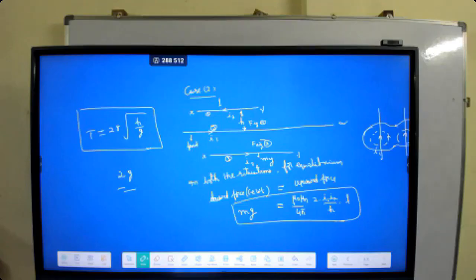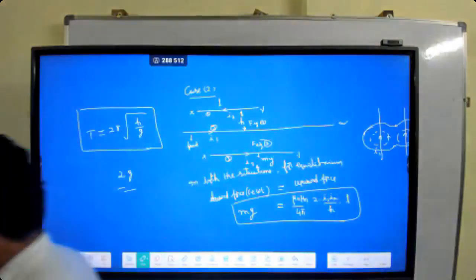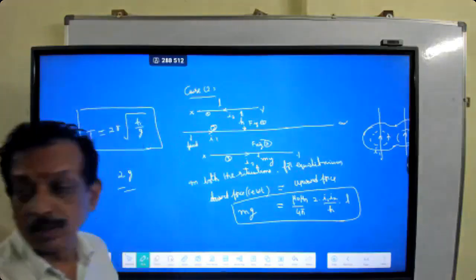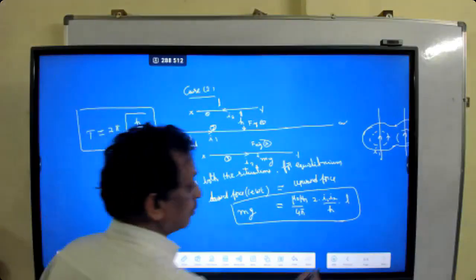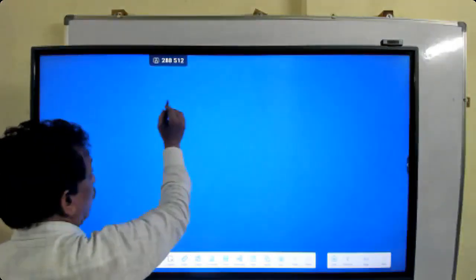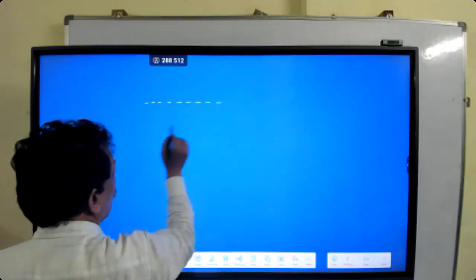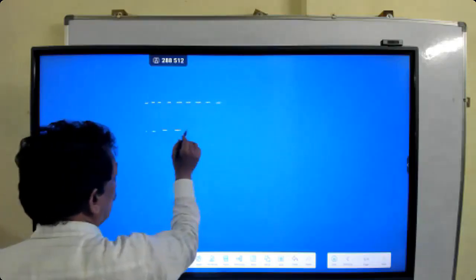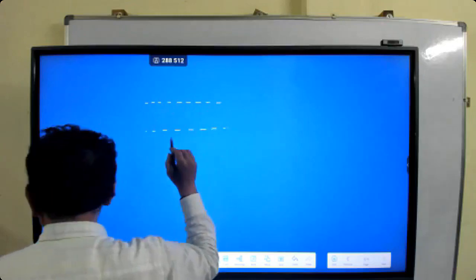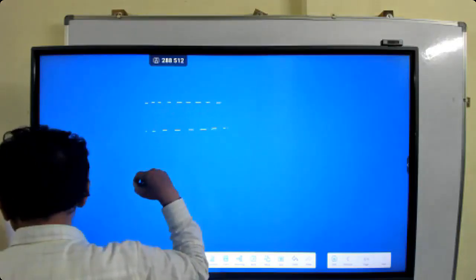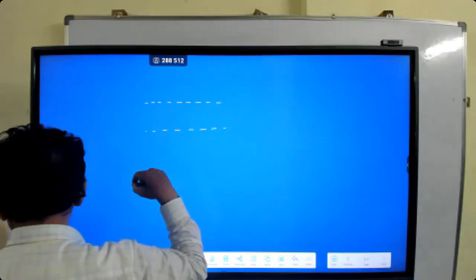Solenoid. So what is a solenoid? An air core coil is called a solenoid.